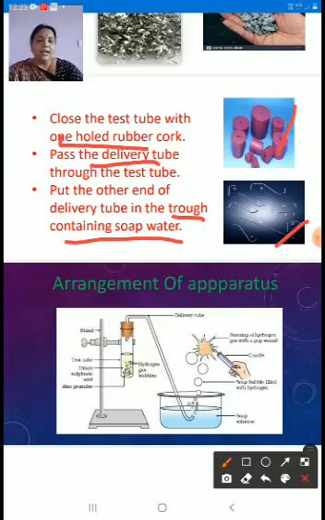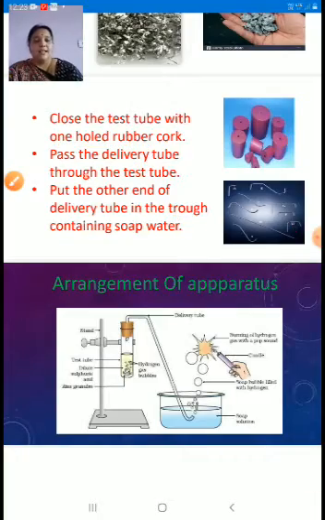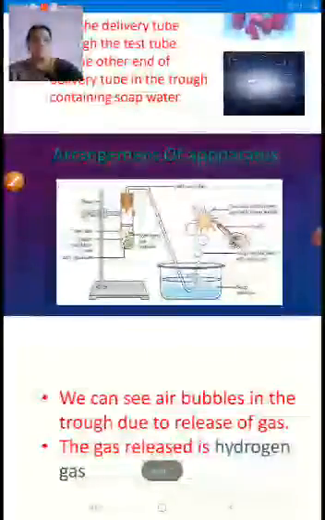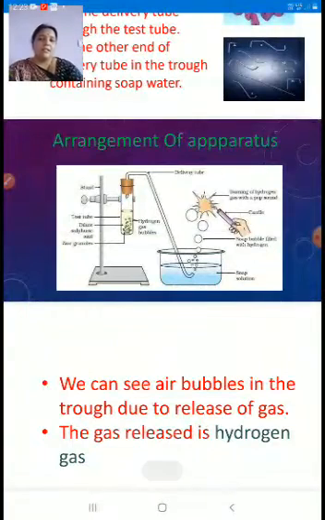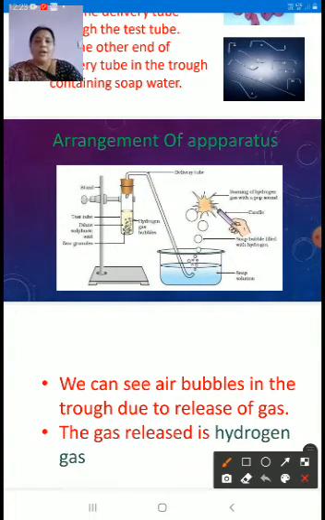Now we will see the arrangement of these materials, this apparatus. Now see, this is the stand. To this stand we are attaching the test tube. In the test tube you are taking the metal, that is zinc or magnesium, and the chemical dilute sulfuric acid.